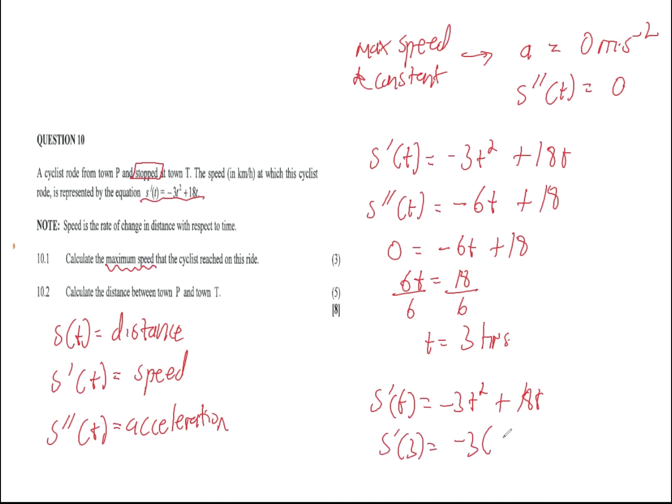That means I'm going to put 3 wherever there is t. And then when I punch all of that into my calculator, I get 27 kilometers per hour. So that is the maximum speed that will be reached by the cyclist after 3 hours. Okay, then that's how you were supposed to calculate that.